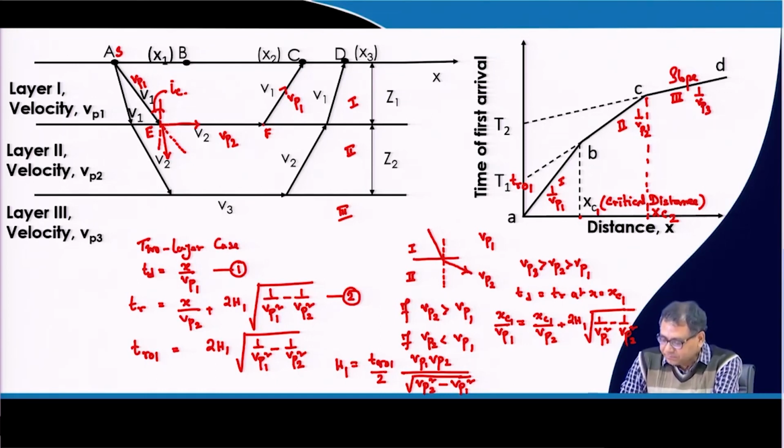Here also Vp1 and Vp2 are known, xc1 I will get from this plot, and the only unknown is h1. So, the h1 expression will give us xc1 by 2 times root over Vp2 minus Vp1 divided by Vp2 plus Vp1, the whole under the root.